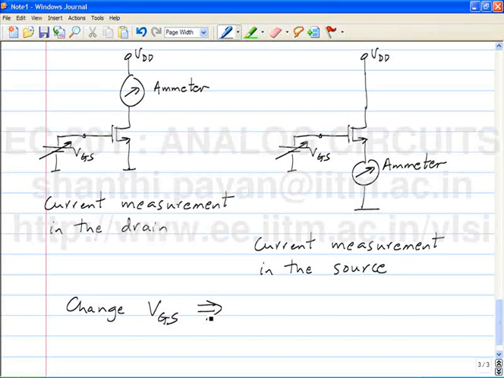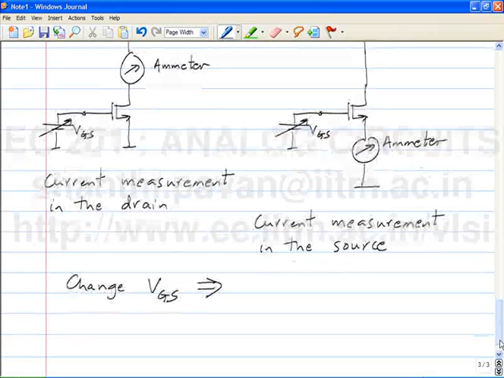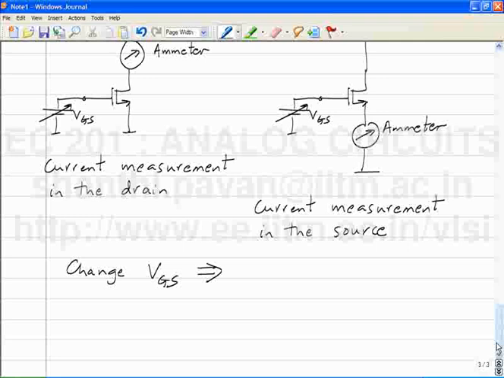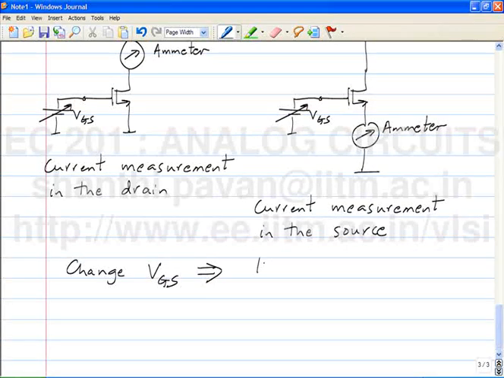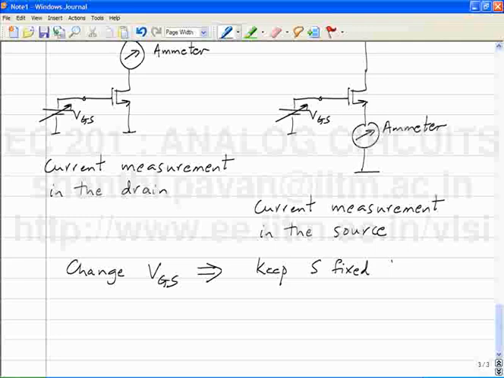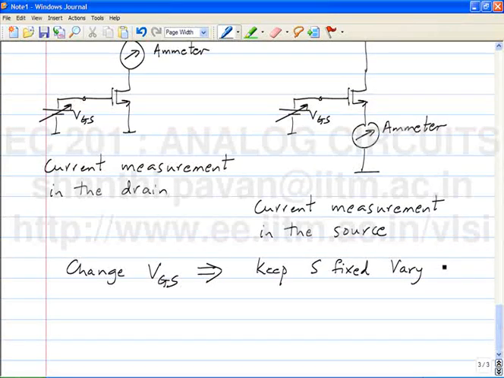That's what we did yesterday, in case you don't remember. In how many other ways can you think of? You can change VGS by keeping S, the source potential, fixed, and varying the gate potential.